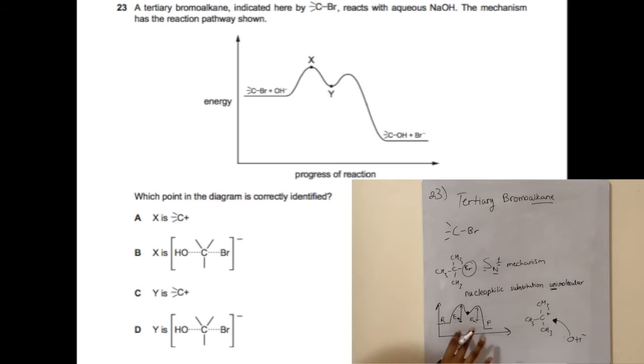But anyways, that would end up being C. So, B and D are out because those ones are for the SN2 mechanism, which involves only 1 step. But we're talking about the SN1 mechanism. So here they're saying this is X and this is Y. So Y is where you end up getting that middle product, which is your carbocation or your intermediate product.